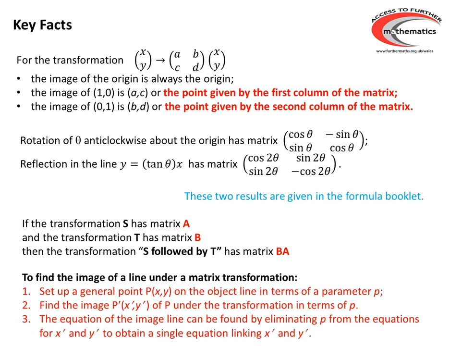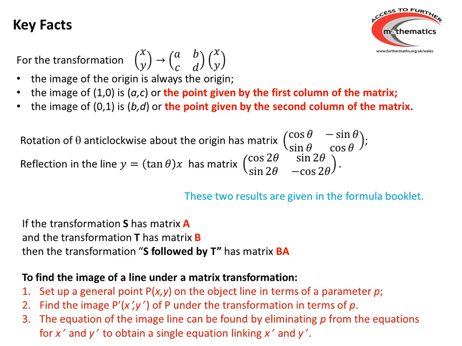If we need to find the image of a line under a matrix transformation, we can do that by setting up a general point P on the object line in terms of a parameter. We then find the image of that general point under the transformation in terms of the parameter.